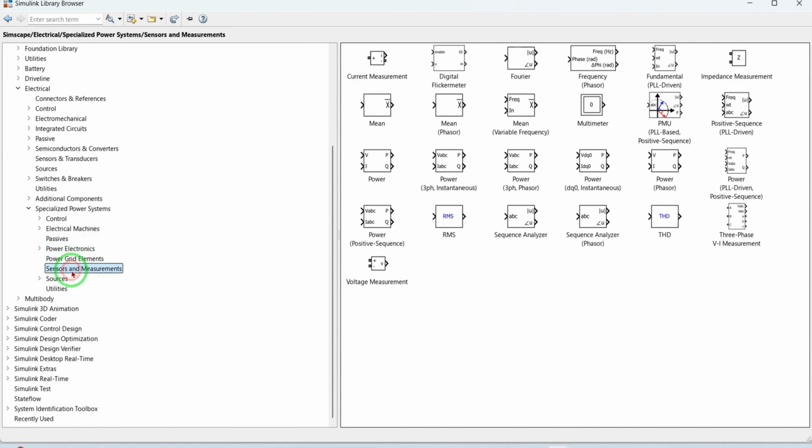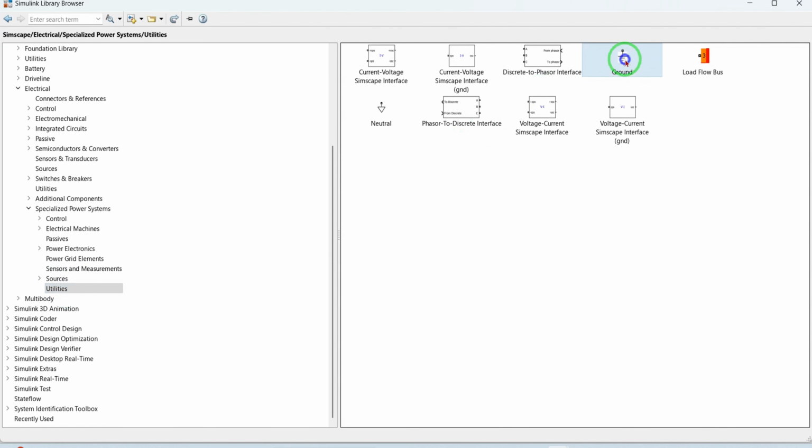From the Sensors and Measurements section of Simscape, add two current measurement blocks, a mean block, two voltage measurement blocks, and two RMS blocks. From Utilities, add two ground blocks to the model.